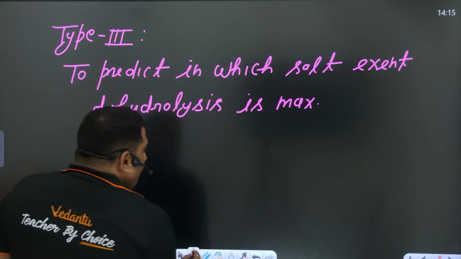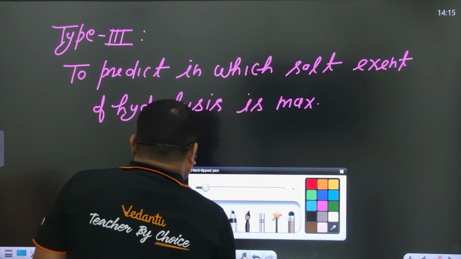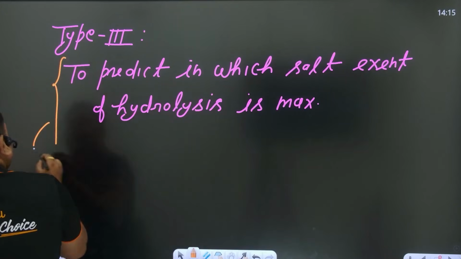So what is the basic approach? What is the key point?